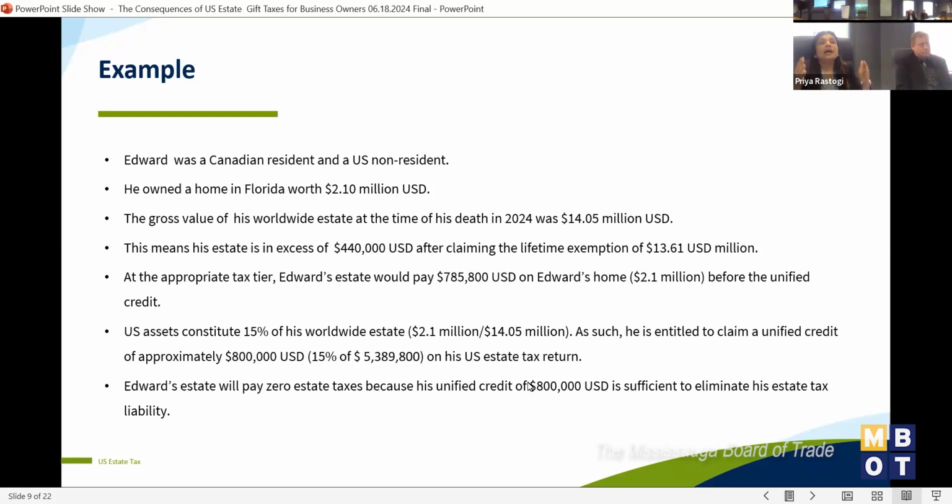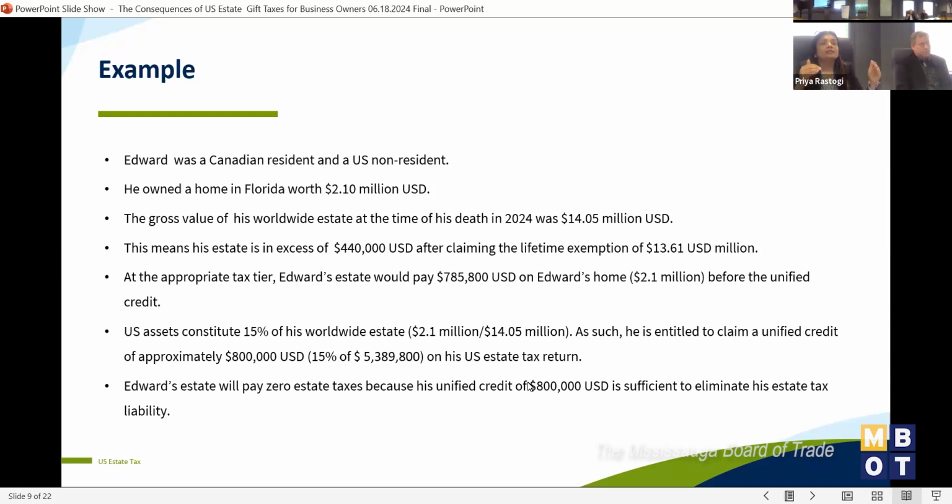Now we need to see how much of the tax would be allocated to Canadians for the US situs asset. Using the appropriate tax tier, which I showed before, Edward would pay tax of about $785,800 against his US home before any credit.